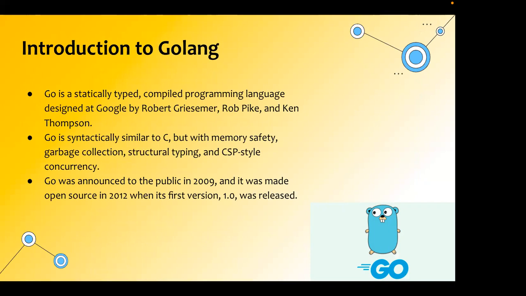So here the very basic difference we see between Golang and Java or C sharp is that here we don't have the intermediate compiler, which will compile the code and then run the code.